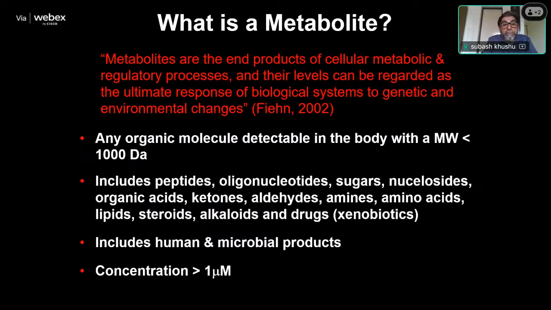They also include human and microbial products, and generally the concentration is higher than 1 micromolar, though there are some metabolites at lower concentration as well. But generally, this is the concentration most of these metabolites are present in.